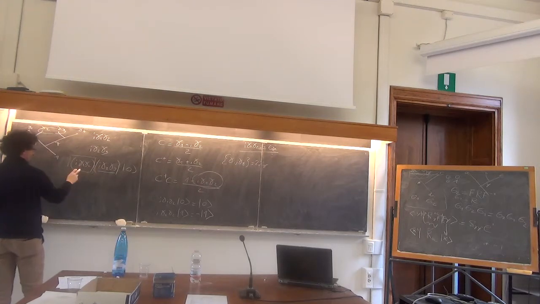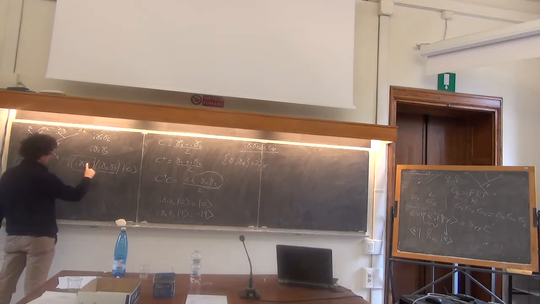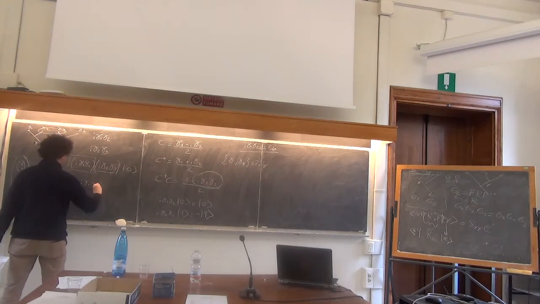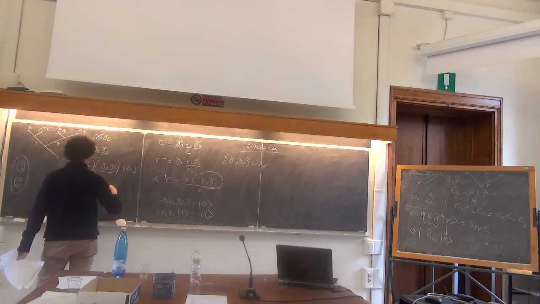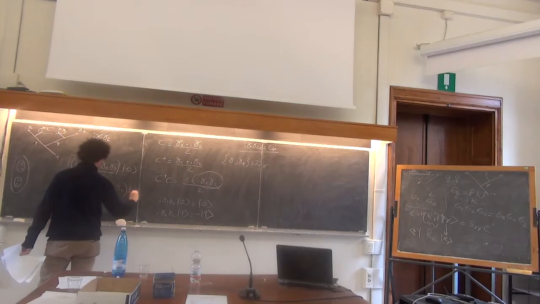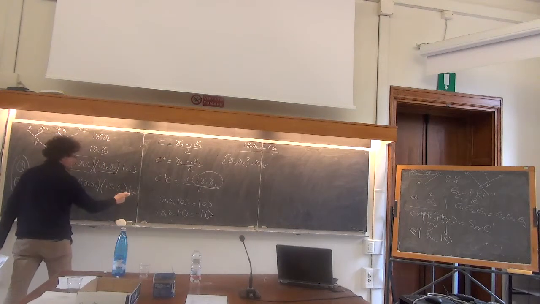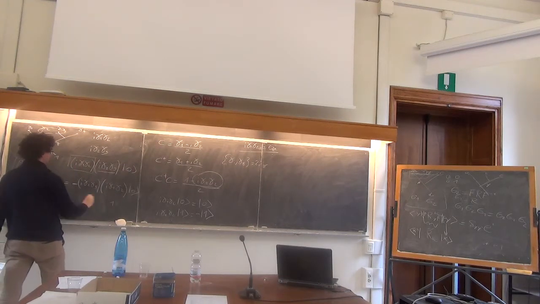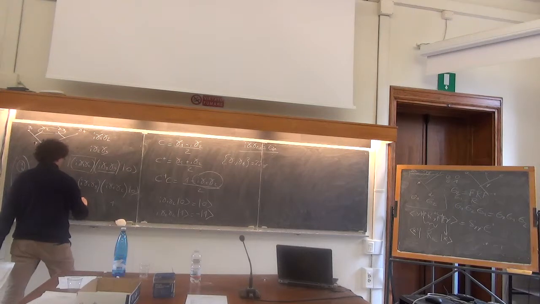Here, you see that essentially gamma 2 commutes with gamma 2, but anti-commutes with gamma 3, and then I obtain that this is equal to minus i gamma 2 gamma 3 of 0, but I know that this is an eigenstate of i gamma 1 gamma 2 with value 1, so this is equal to minus i gamma 2 gamma 3 eigenstate 0.